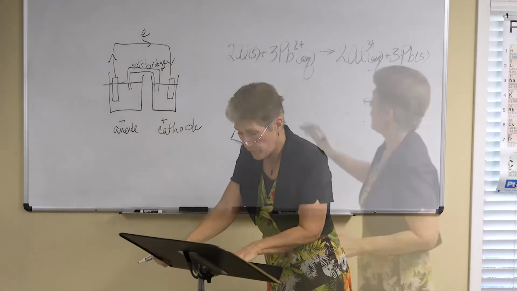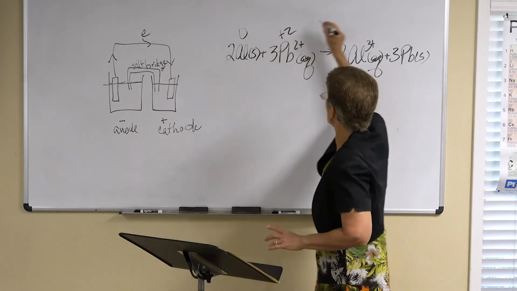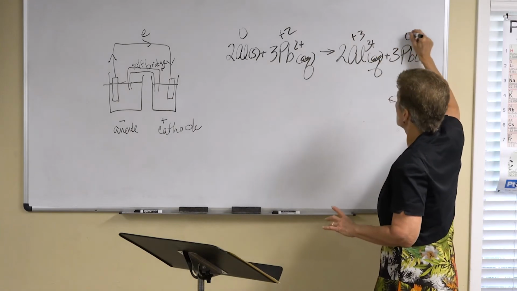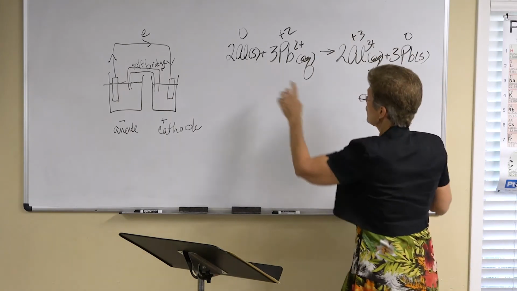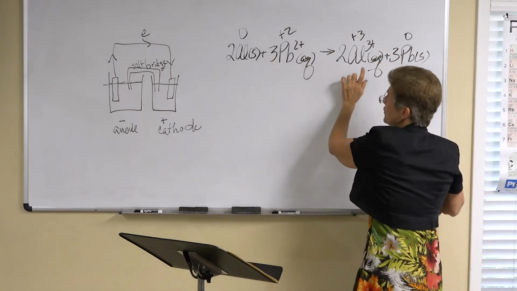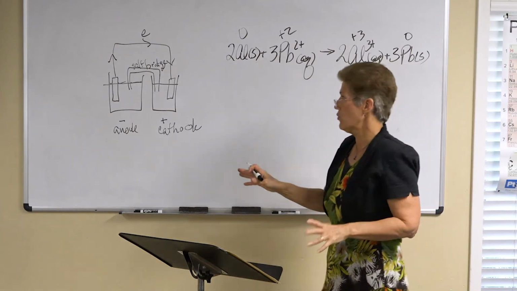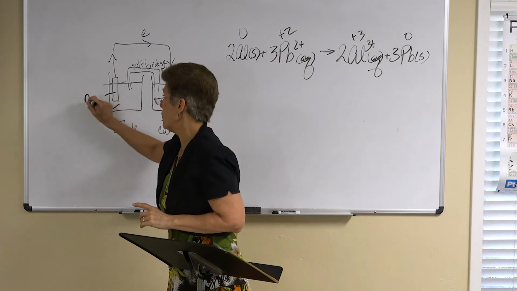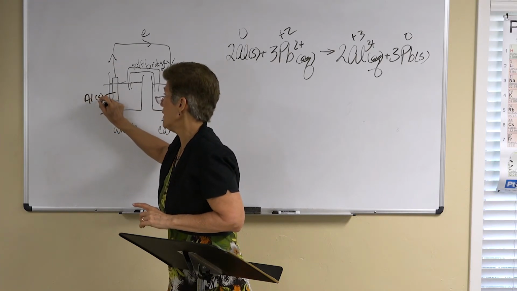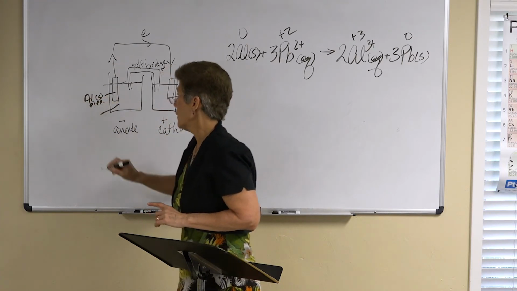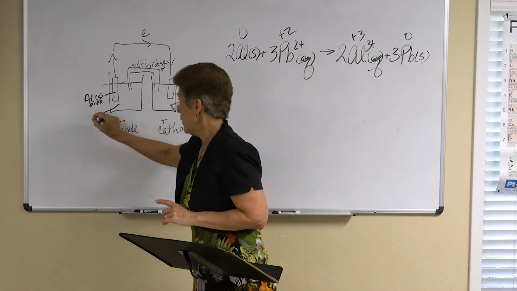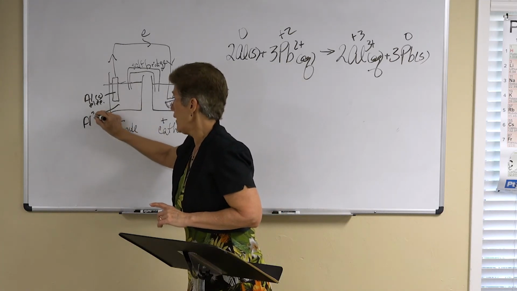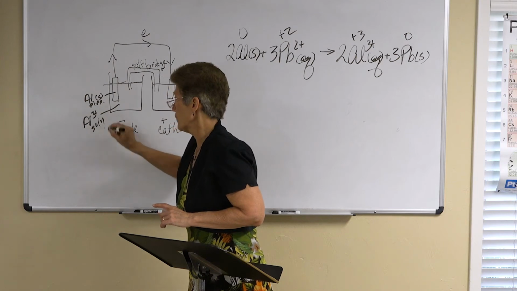So the first one, so this is 0, this is +2, this is +3, this is 0. So what we see here is aluminum went from 0 to +3. It's losing electrons. So we know that aluminum is over here, and it started with a solid, so we can put the aluminum solid in the electrode, can't we? And then the aluminum ion is in the solution.